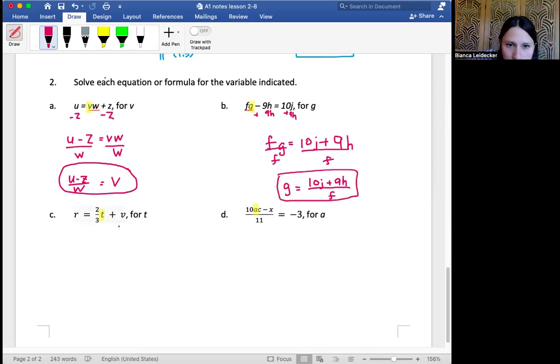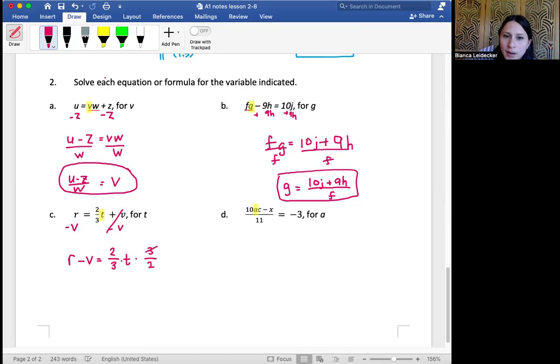C, I need to get t by itself, so I'm going to subtract v on both sides. R minus v equals 2/3 t. What is the opposite of 2/3 times t? It's to divide by 2/3, or we can multiply by the reciprocal.